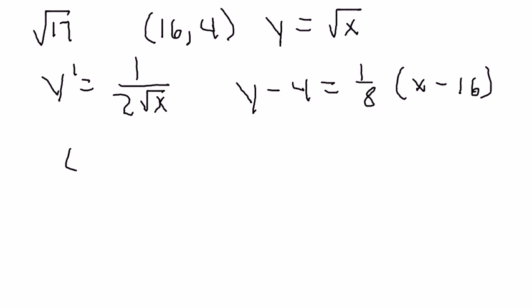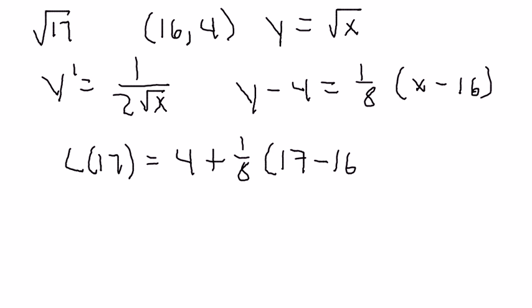So L of 17 would be, moving that 4 over, 4 plus 1/8 times 17 minus 16, or 4 1/8. That's 4.125 on your calculator. That's going to be a very close approximation to what the square root of 17 is.